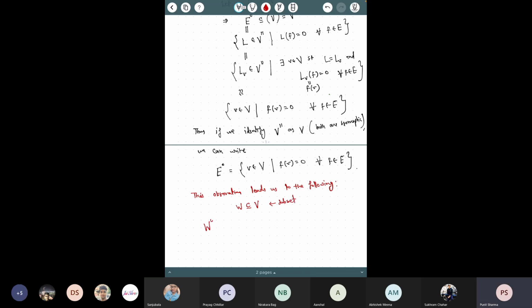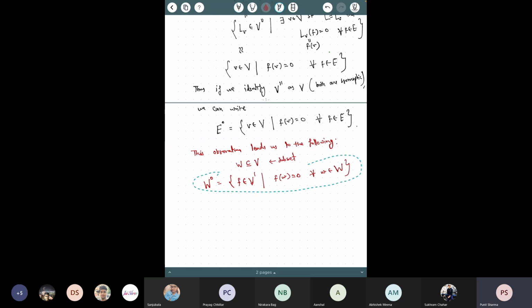The annihilator is a subset of the dual space, so it is the collection of all functionals on V, that means f belongs to V dash, such that f of w equals 0 for all w in W. This is the annihilator.